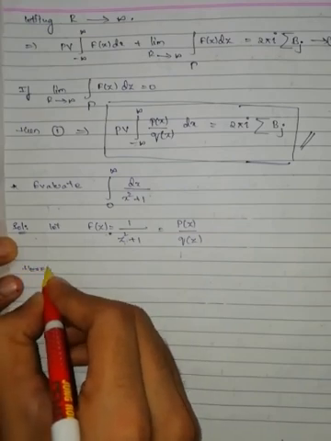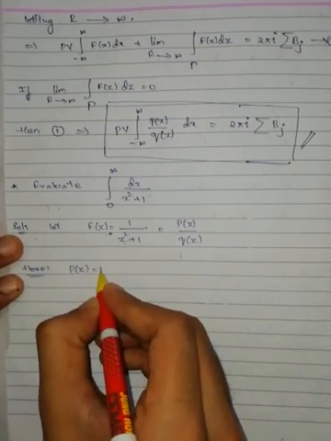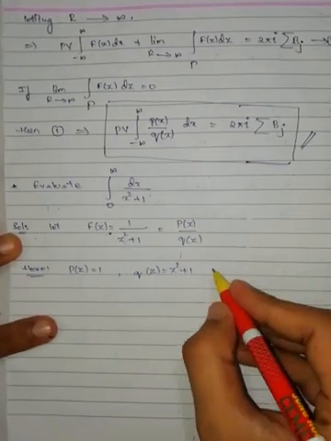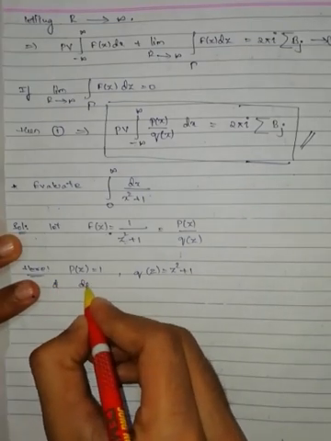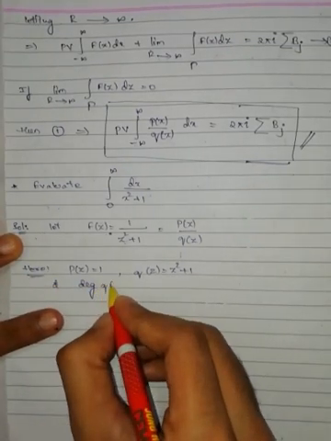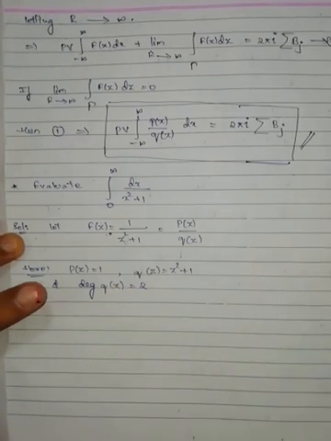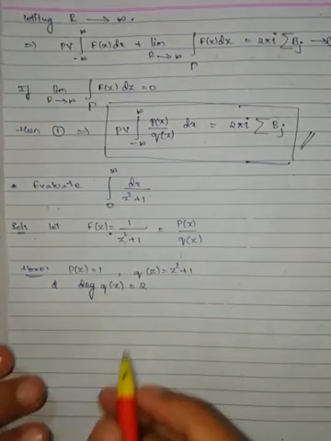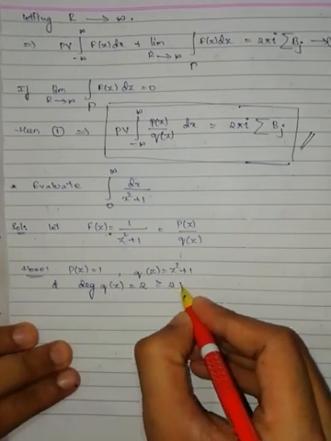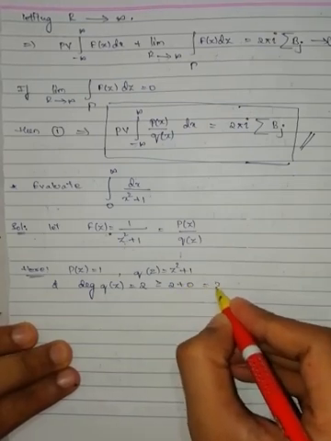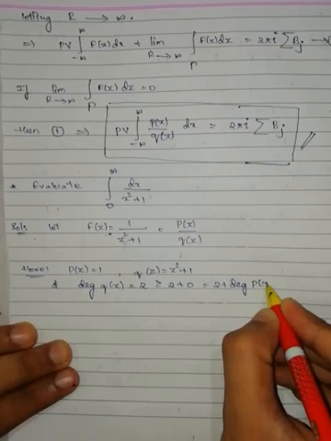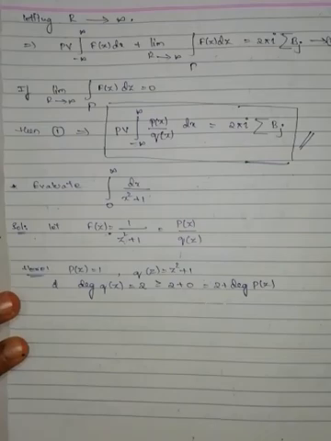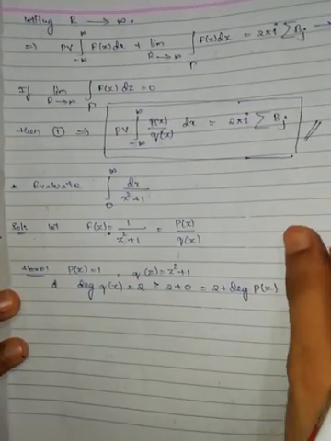Here P of z is equal to 1 and Q of z is z square plus 1. The degree of Q of z is 2, which is greater than or equal to 2 plus 0, which is 2 plus the degree of P of z, as the degree of P of z is 0. Therefore, I can use the above working rule.